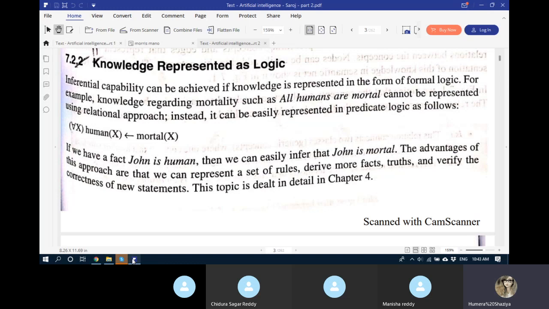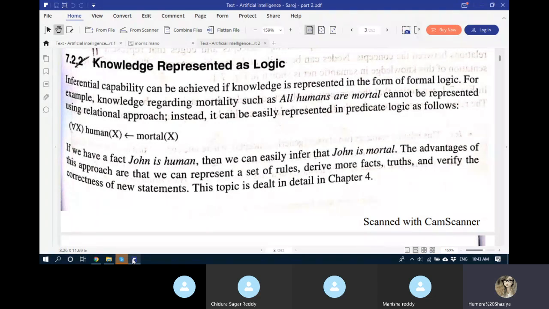It states that for all x, human of x implied by mortal of x. So what does it mean? It means that all objects represented by x, all the objects, if they are humans, they are mortals.